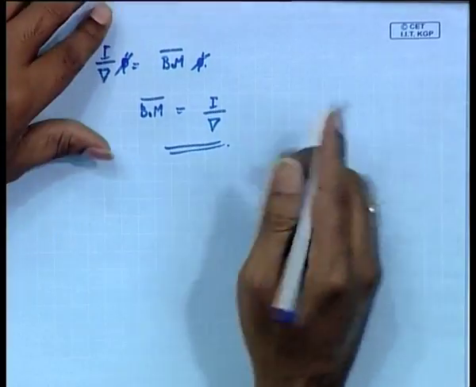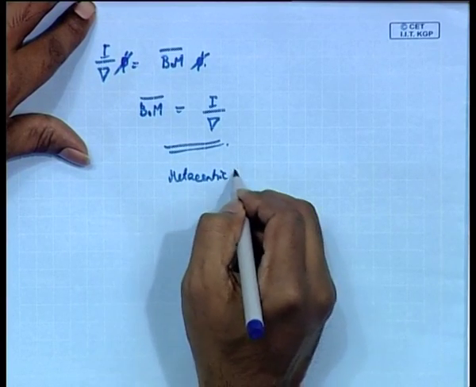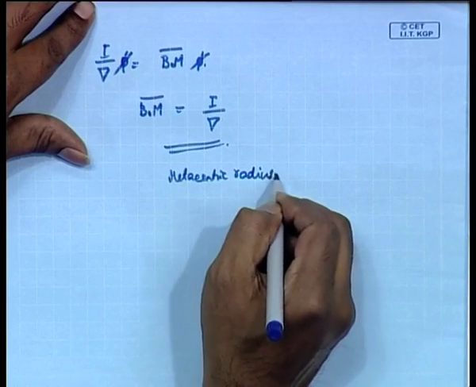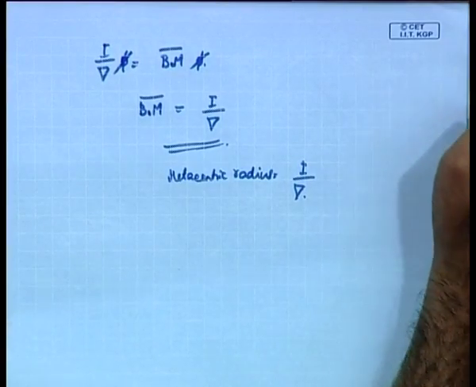Therefore, the metacentric radius is given by I by del. That is a very important formula.